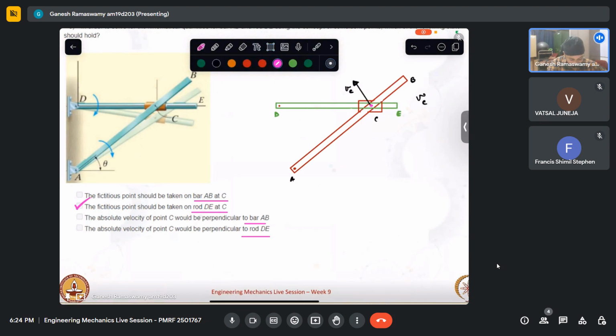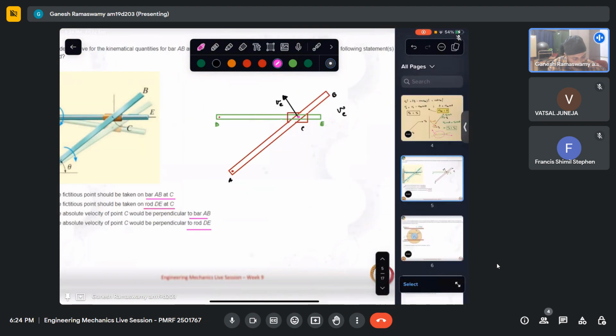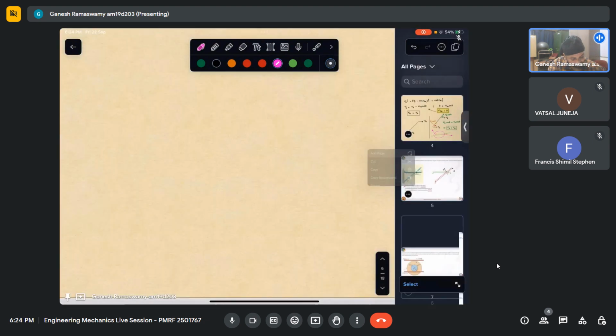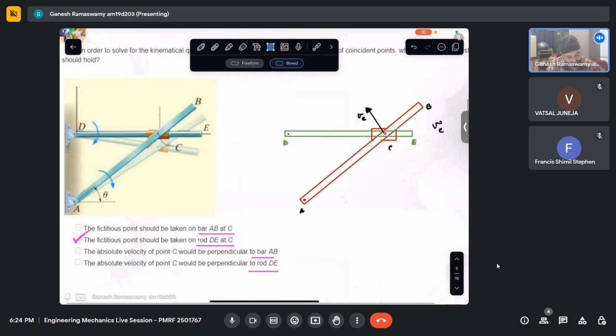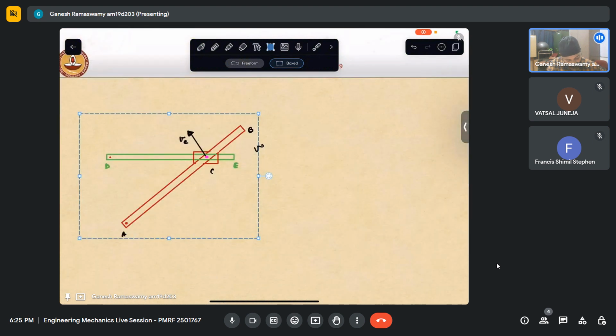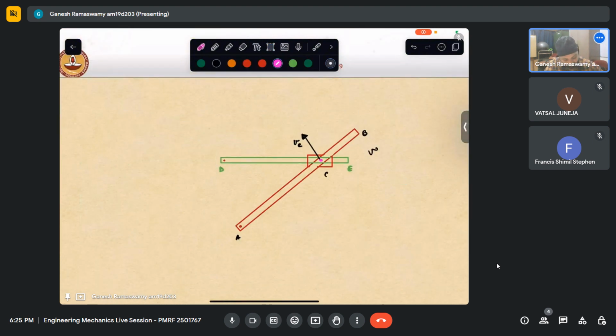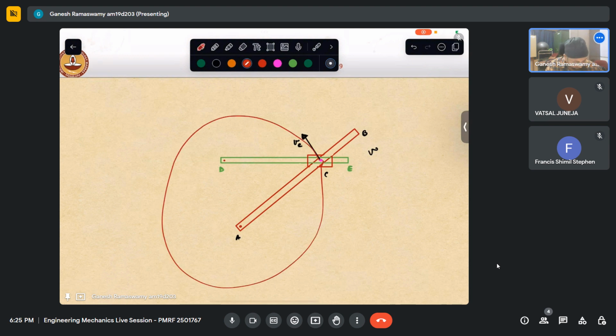So far, so good. Now this says the absolute velocity of point C would be perpendicular to rod AB. Now let us look at this in a little more detail, just so it is clear. Now if I take this here, this will be kind of the circle that it will trace.